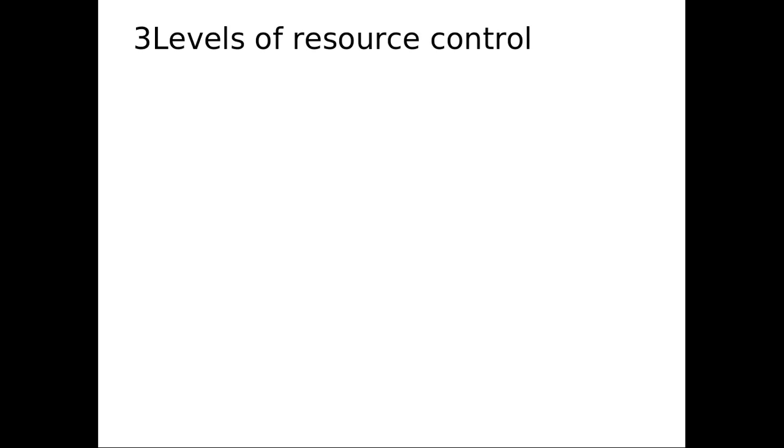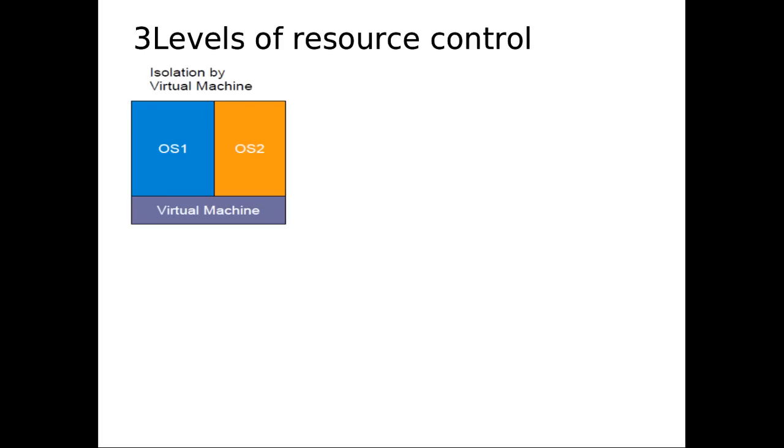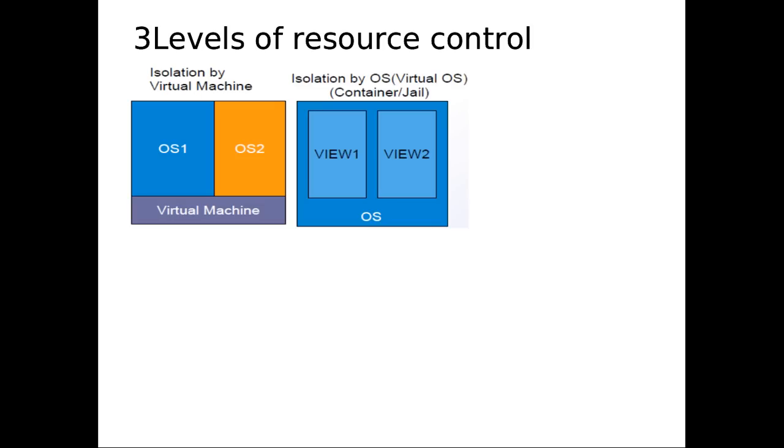Next, the three levels of resource control. I want to describe a little bit the difference between VM and container. A VM is isolation by virtual machines as OS1, OS2, and inside the operating system we create isolation by OS.